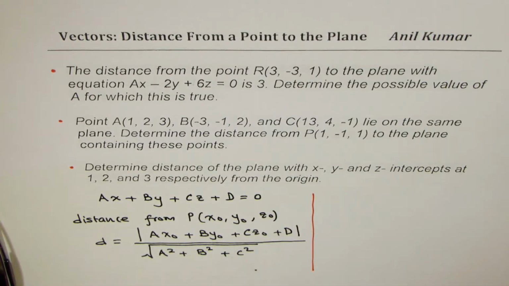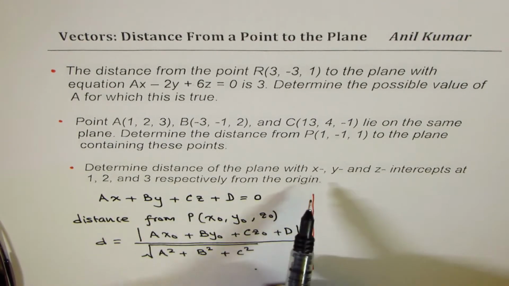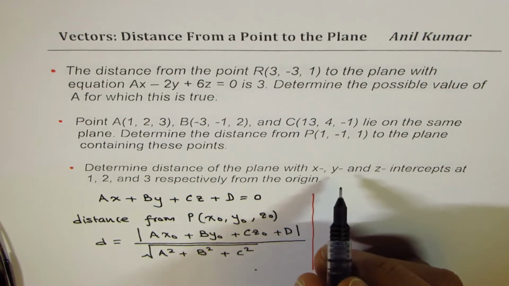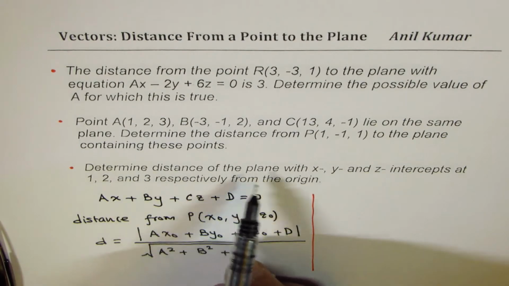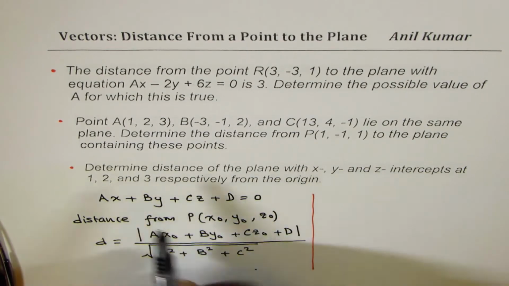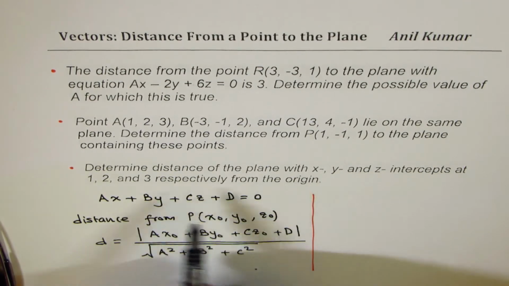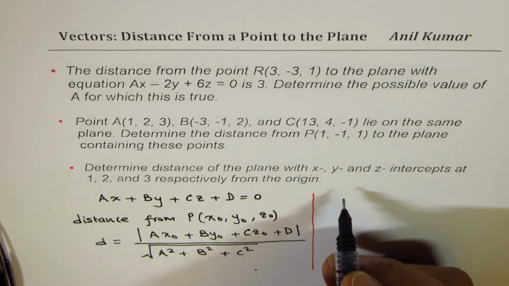The second one is relating the equation of a plane with intercepts. So you could actually write the equation with intercepts. It says determine the distance of the plane with x, y, z intercepts at 1, 2, 3 respectively from the origin. So let us say the intercepts are a, b, c.